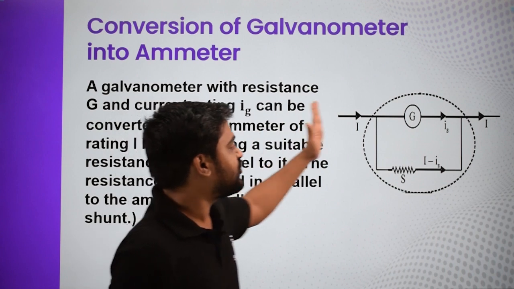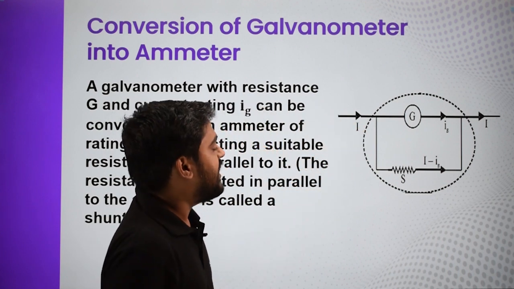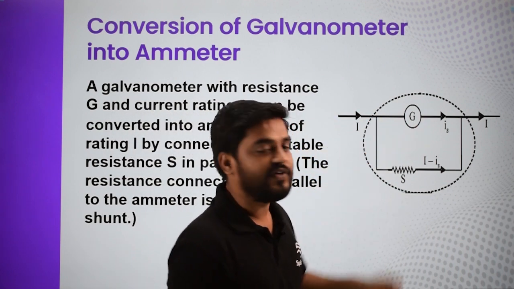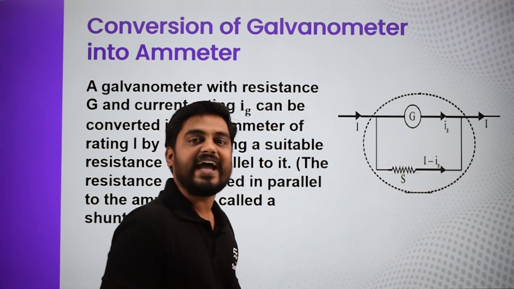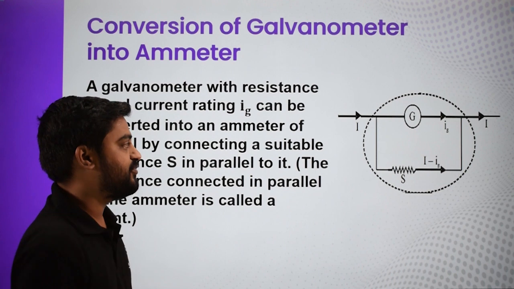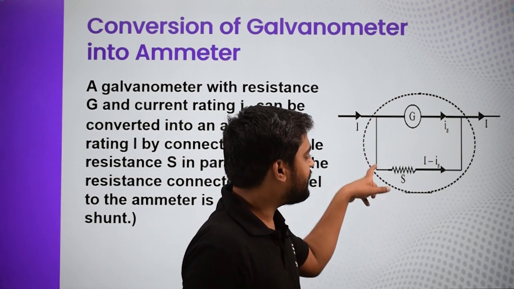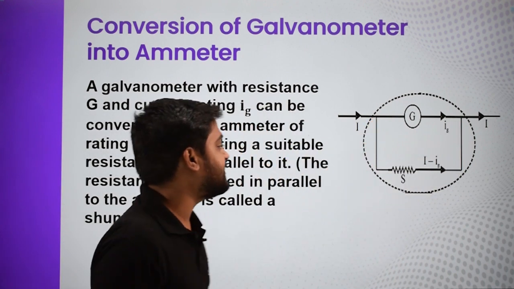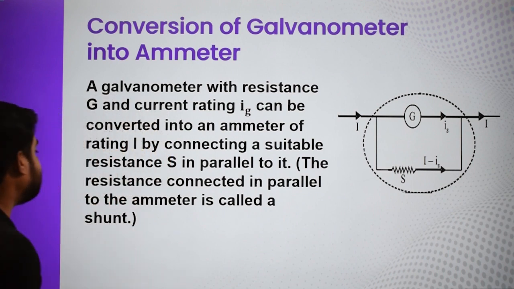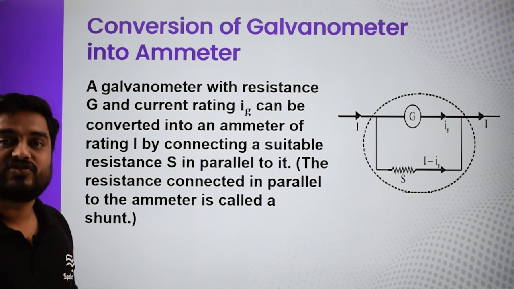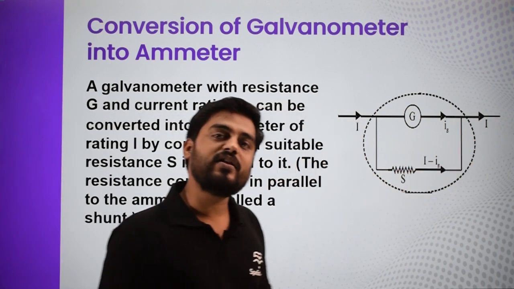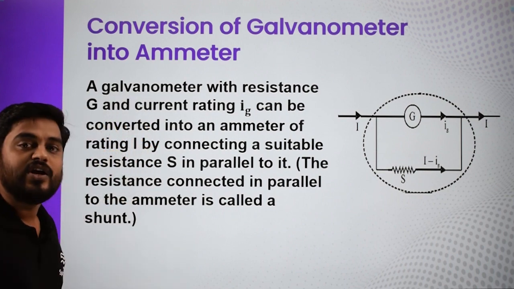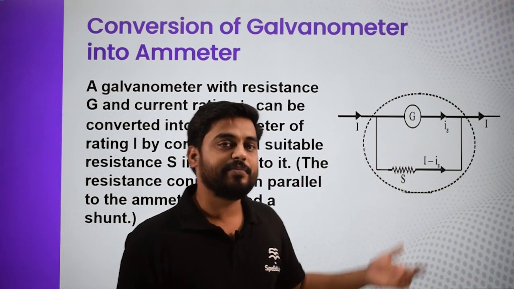This is the branch through which the current I is coming, and some of that current will go into the galvanometer. The current in the galvanometer is represented by Ig, and the rest of the current will pass through this shunt resistance. This shunt resistance has to be very, very small generally, so that maximum current passes through this branch. So a small resistance is introduced in parallel to convert a galvanometer into an ammeter.